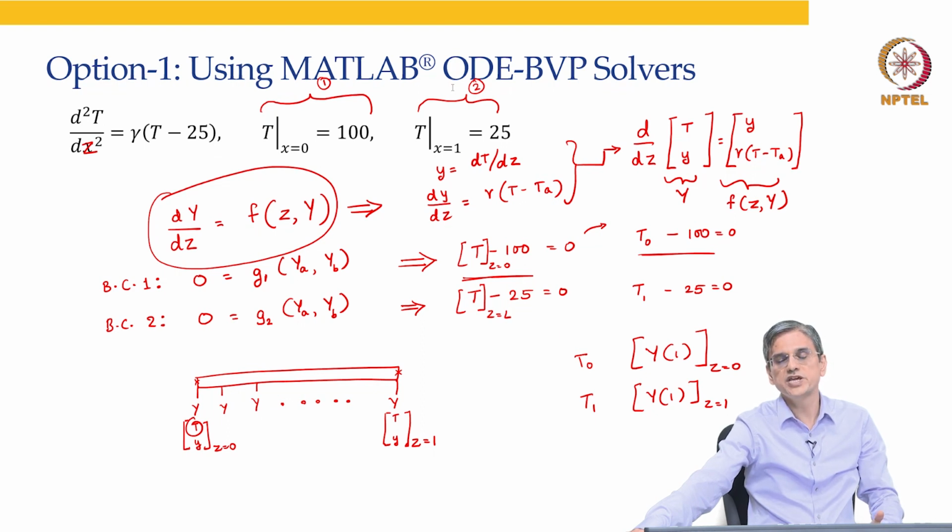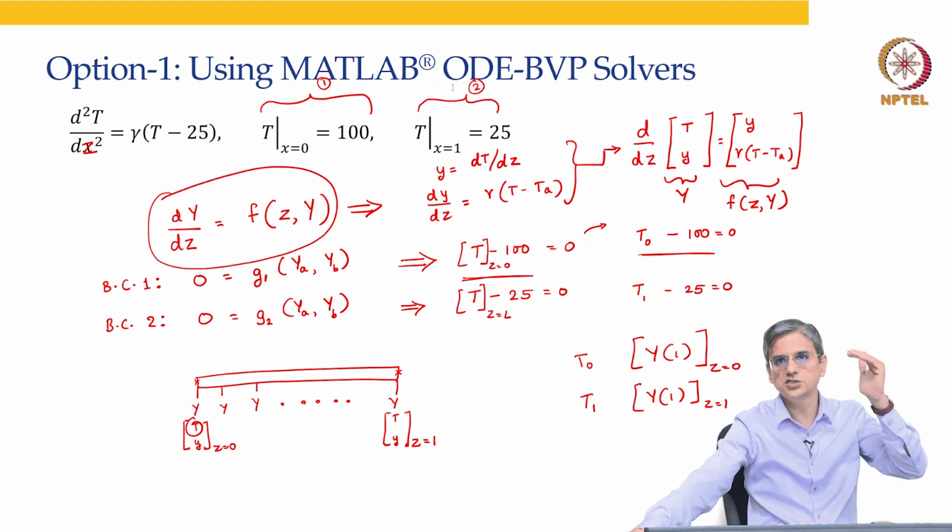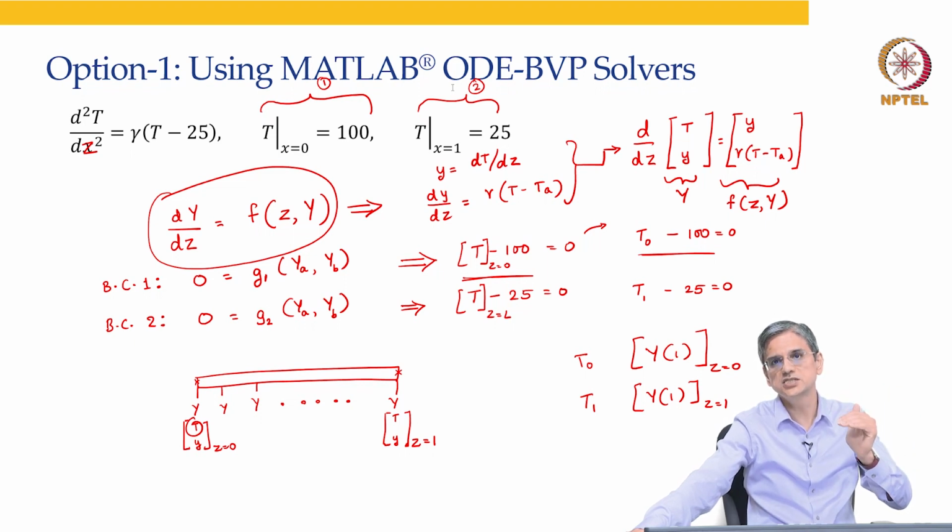Again, to recap, the approach is to define the function, to define the boundary conditions, and to initialize the solution, and then solve the problem using BVP 5C.